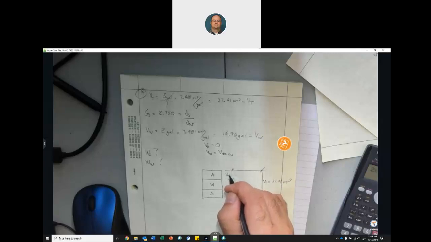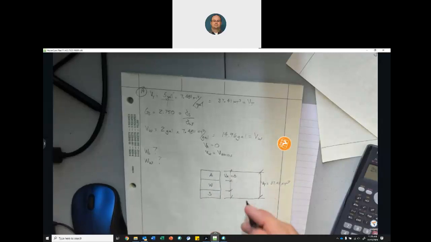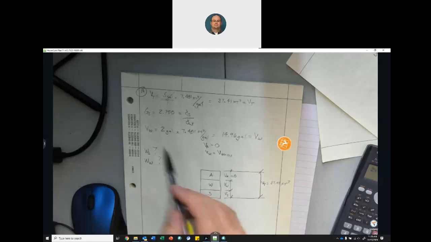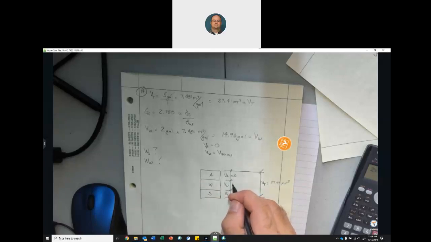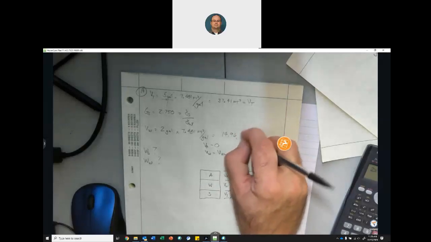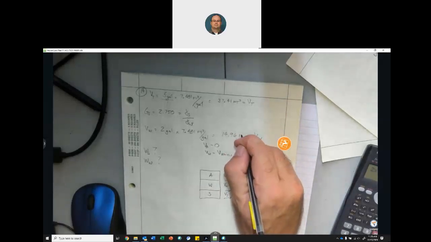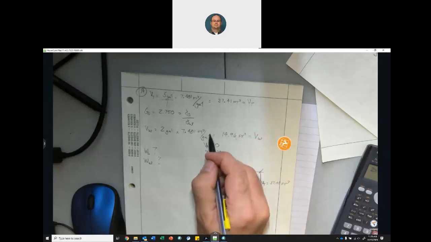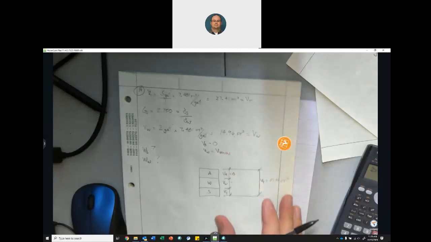Volume of air equals 0, right? Because the water filled in the voids, the air voids. Volume of water, we put 2 gallons of water in there, then that equals, this isn't 14.96 gallons, this is 14.96 cubic feet, because the gallons cancel out.